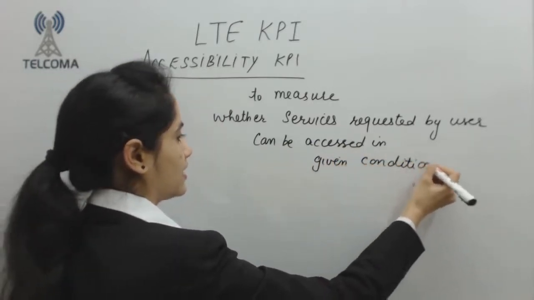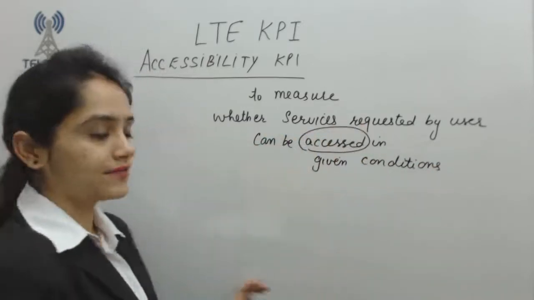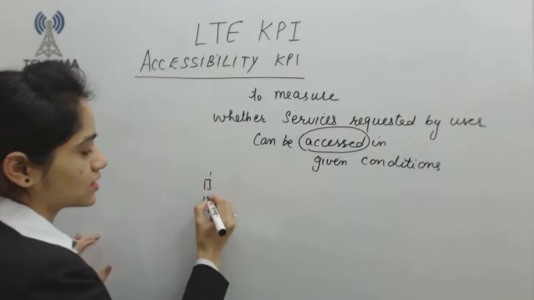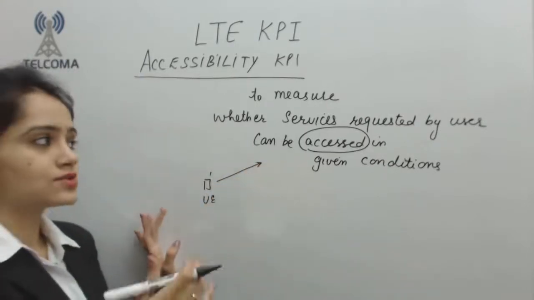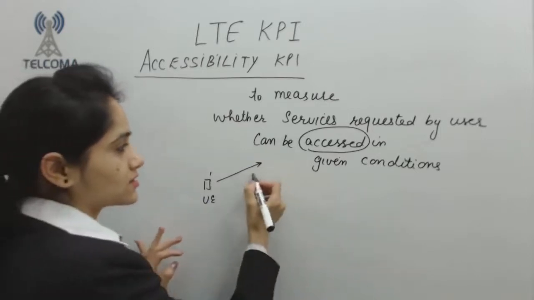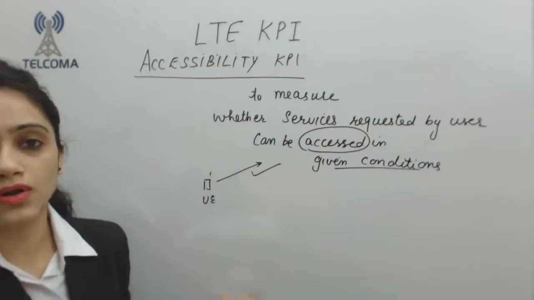So the term here is accessed. If this is a user equipment and it has requested a service, we need to check whether the service is accessed in the given radio conditions or not.